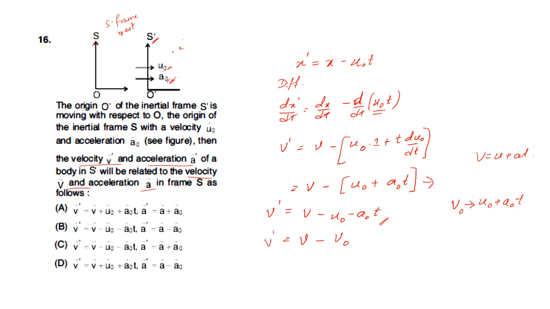Now differentiate this equation. dv prime upon dt is equal to dv by dt minus dv naught by dt, which implies a prime is equal to a minus a naught. Therefore option B is correct.